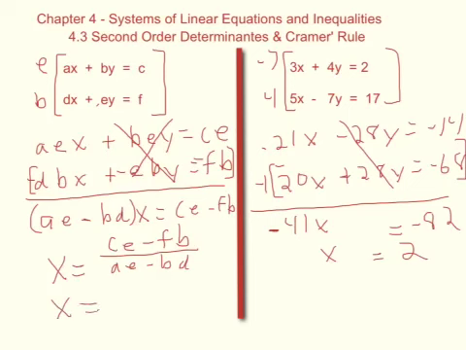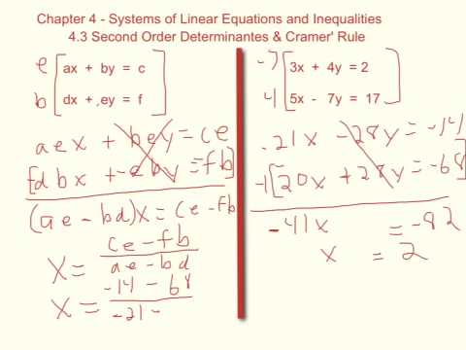X equals, so c times e, 2 times negative 7, negative 14 minus f times b, 17 times 4, 68, divided by a times e, 3 times negative 7, negative 21, minus f times b, 17 times 4.